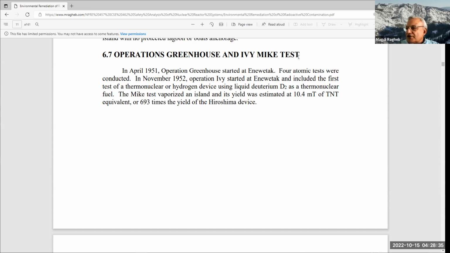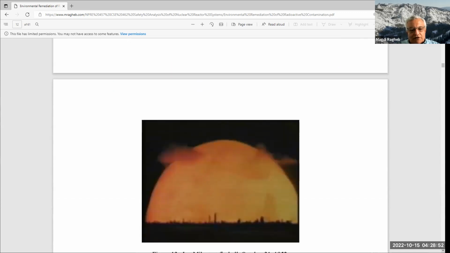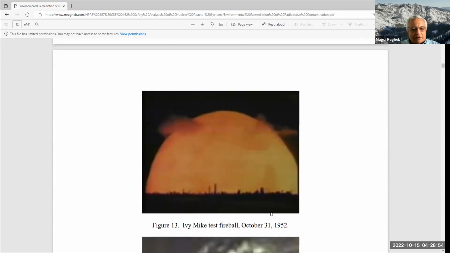fission, fusion, fission of uranium-238. They made a big miscalculation, and instead of getting the 5 megaton of calculated yield, they got 10 megatons, 10 million tons of TNT equivalent. TNT is trinitrotoluene high explosive. And that is a picture of that Ivy Mike test.